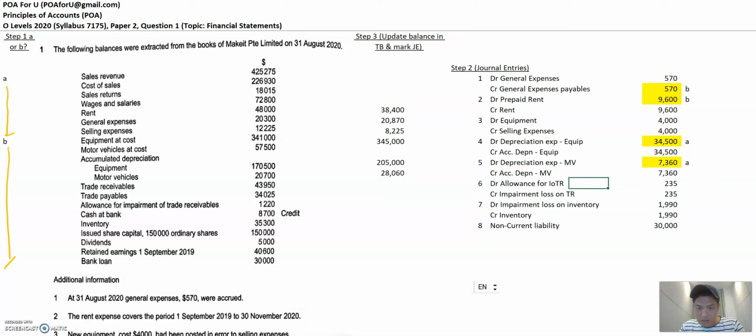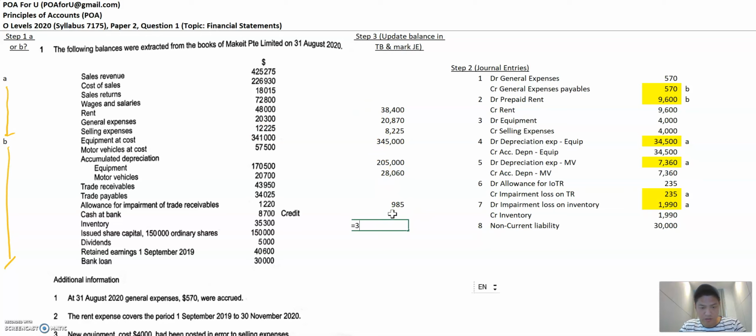Next one is allowance for impairment on trade receivables. It's going to be equals to 1,220 less 235, which is 985, which is the balance that they want at the end of the year. And this is a new item, it's going to A2, and inventory will be marked down. Where's my inventory here?